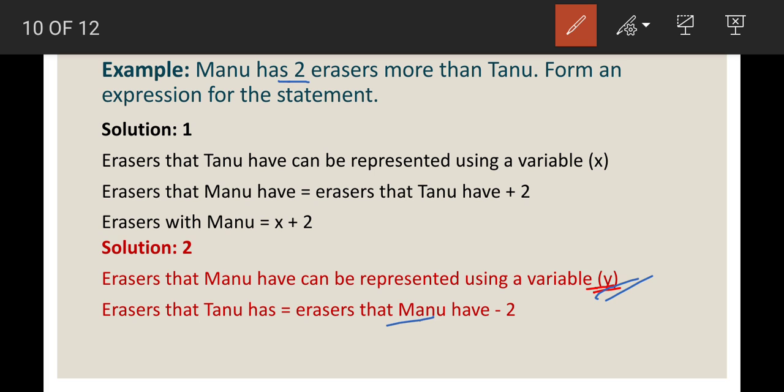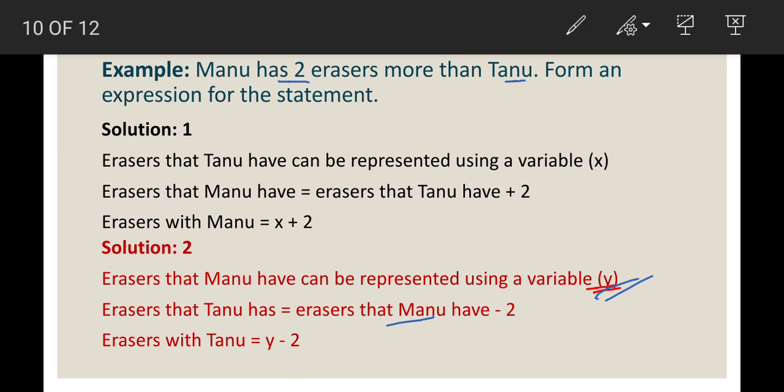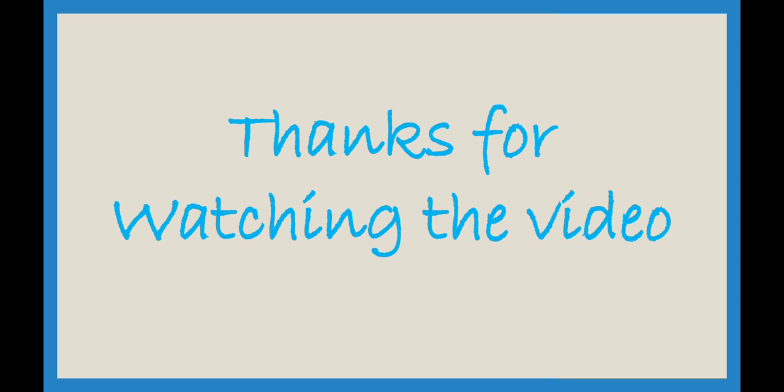Manu has two more erasers than Tanu, so we can represent this as Manu's erasers minus 2 is equal to Tanu's erasers. I have taken Manu's erasers as y, so the expression is y minus 2. In this way you can represent any statement or anything by using an expression. That's all. Thank you.